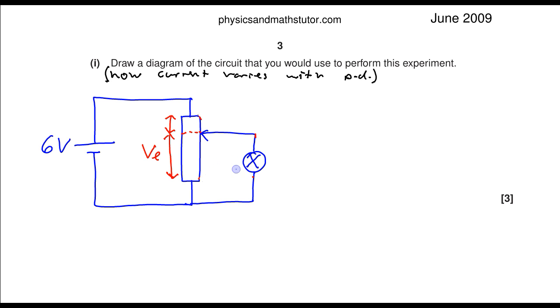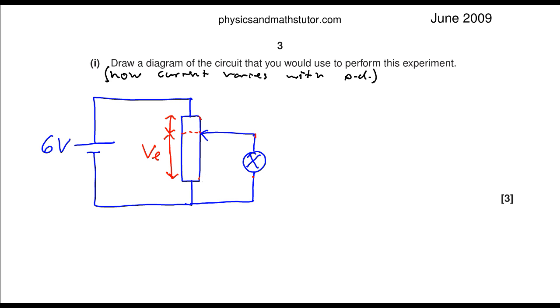The voltages that we get as we move the slider across will be the same voltages across the lamp. That gives us the desired range of voltages, but we need to measure the current and also this voltage.